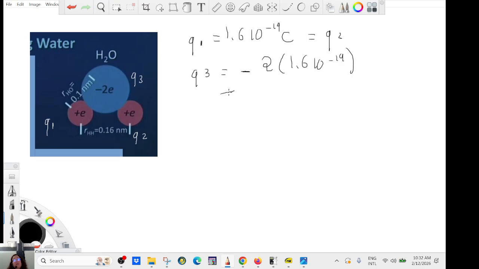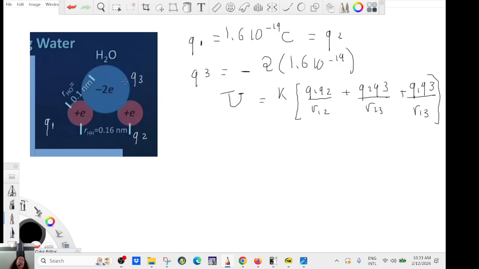Okay, and you are using the equation. It's going to be K times Q1 Q2 over R12 plus Q2 Q3 over R23 plus Q1 Q3 over R13. That will be the potential energy of the configuration, the energy that you need to provide to bring them together, to bind them together.